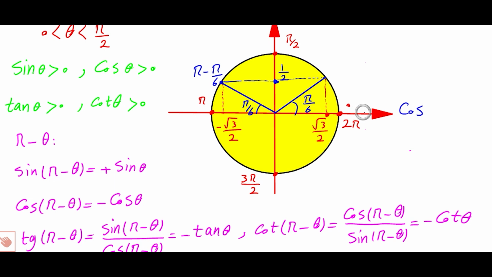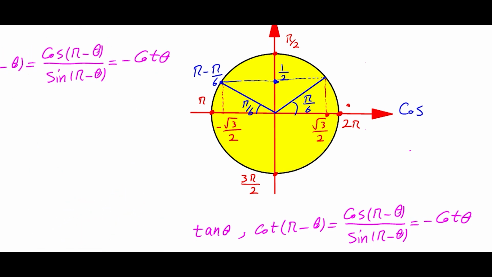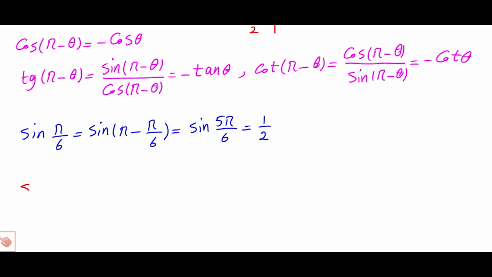Because this line is the cosine axis. So cosine of pi minus theta is equal to minus cosine theta. Or in degrees, sine of 180 degrees minus 30 degrees is equal to sine of 30 degrees, which is equal to 1 over 2.